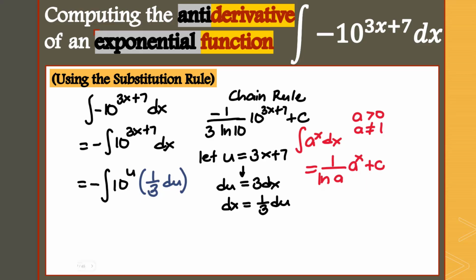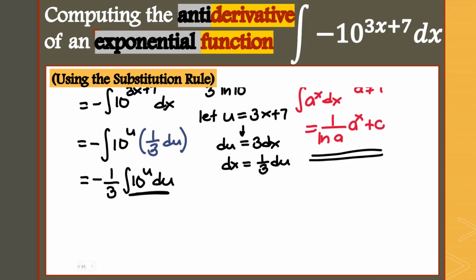And since 1/3 is another constant multiple, you can bring that out. We'll have now negative 1/3 of the integral of 10 to the power of u du. So again, this time we will be using the rule because our base is not negative nor equal to 1.